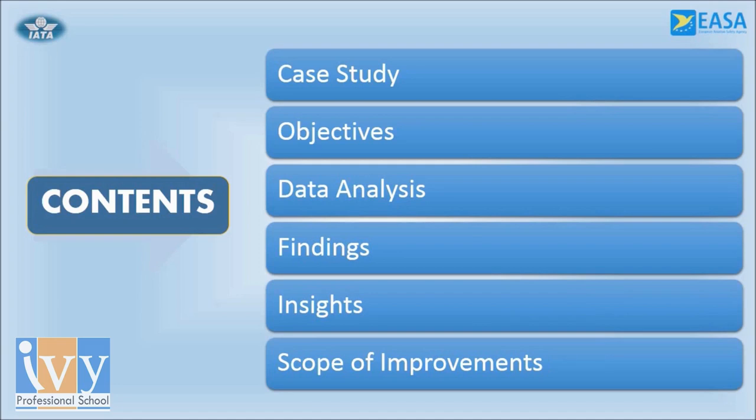The data analysis part would be interpreting the data through different graphs and different models that were prepared to understand the data better. On understanding the data, we would easily be able to get the findings and the insights. That would later help the airline to improve their business model and improve their business.